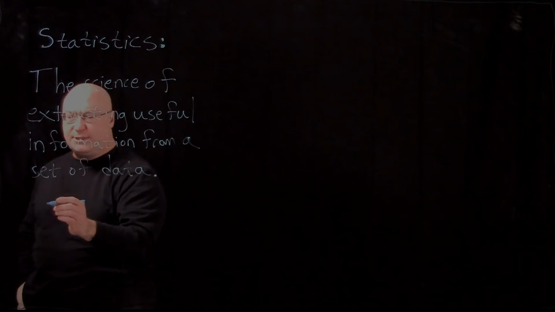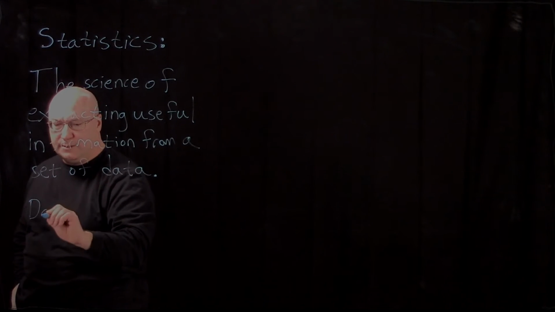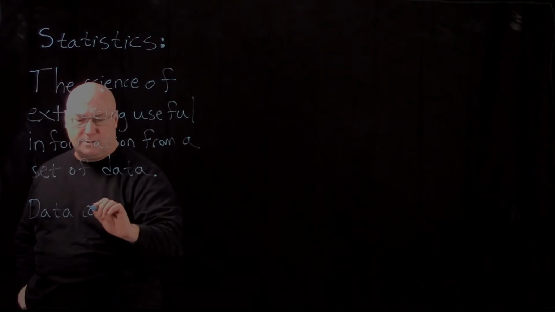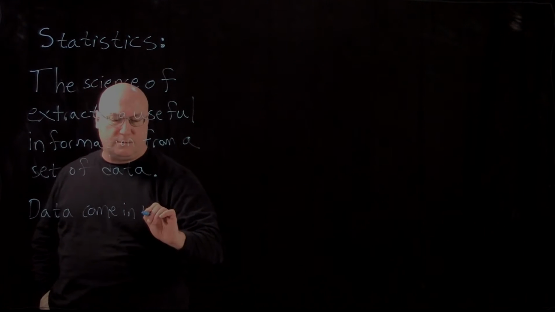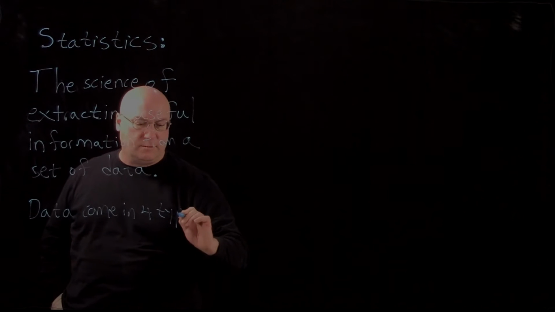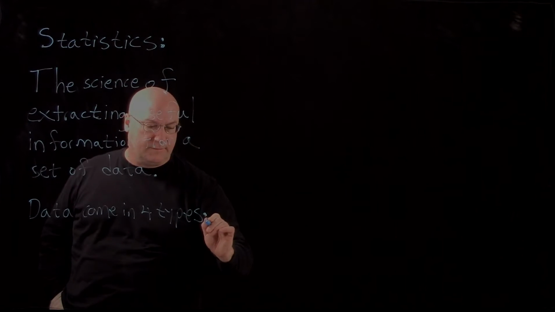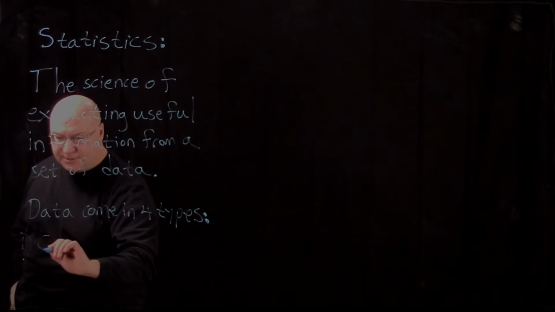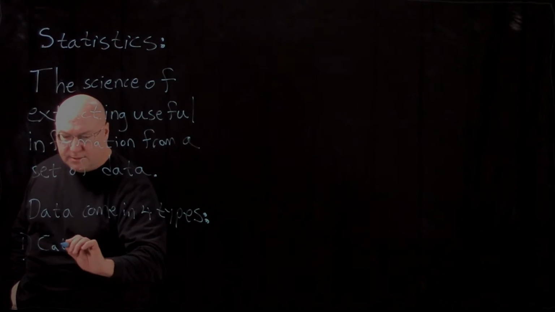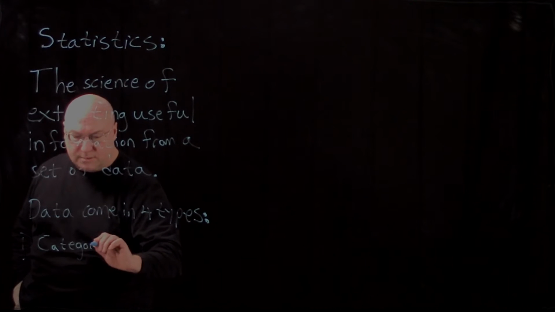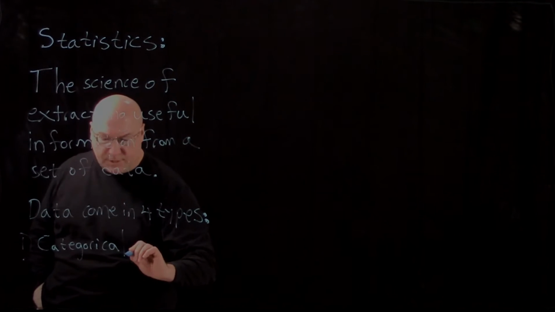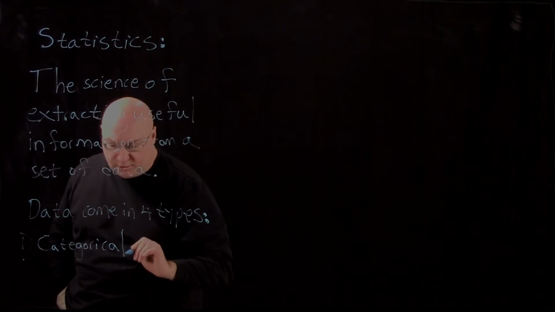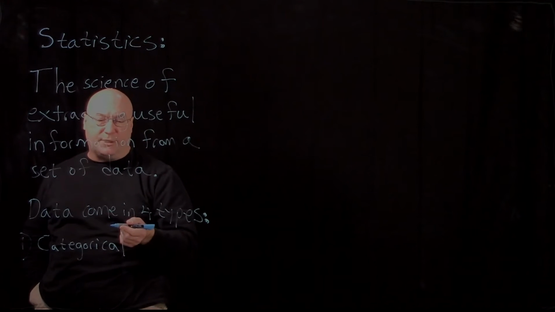All right, what do we mean by data? Well, data come in four types. The first type is categorical. And this is often, not always, but it can be non-numerical data.